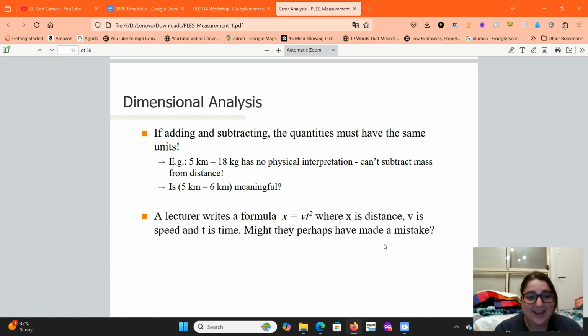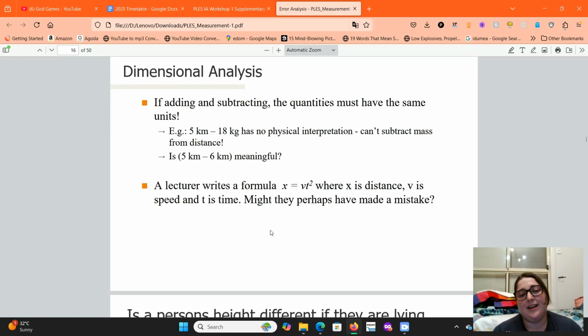You literally cannot do that. Likewise, 5 kilometers minus 6 kilometers works for displacement because displacement is a vector quantity. But for distance, which is a scalar quantity, it doesn't really work.